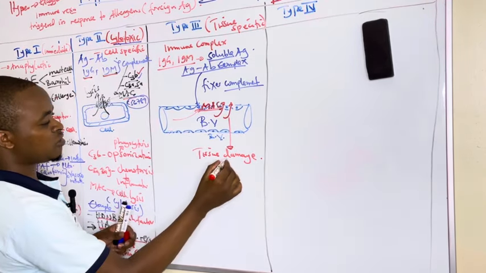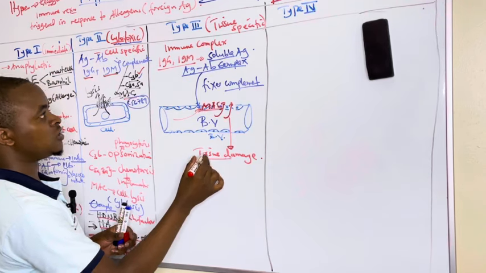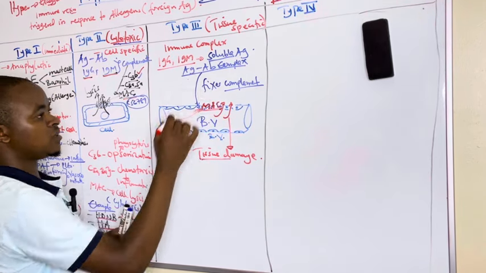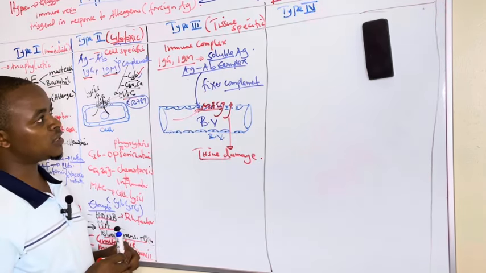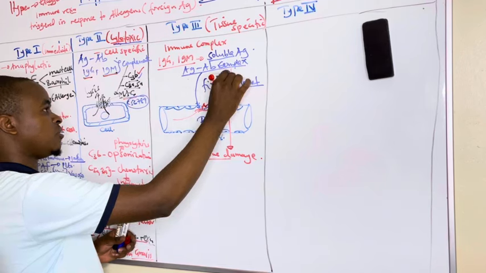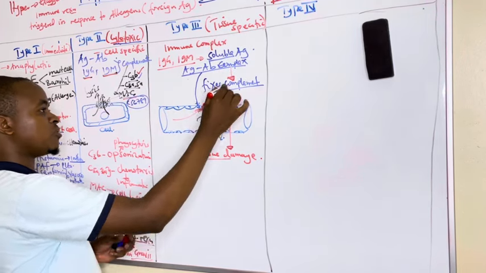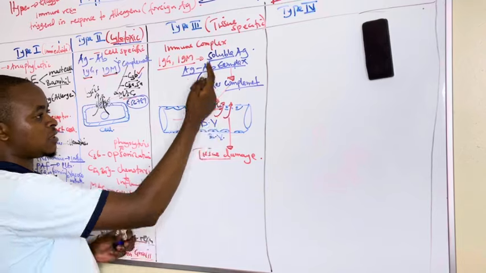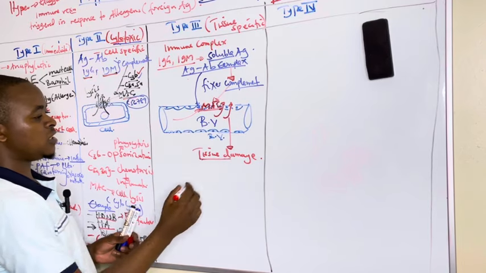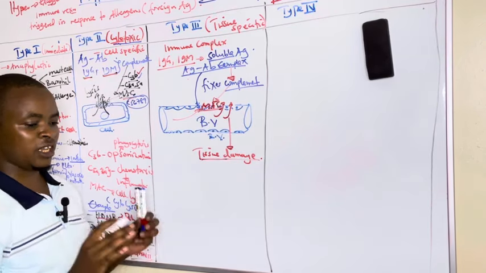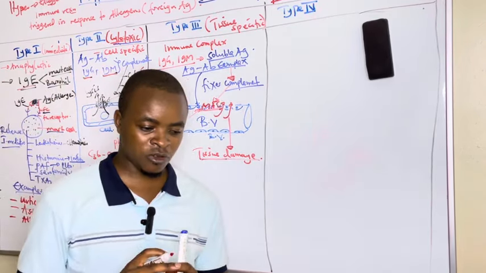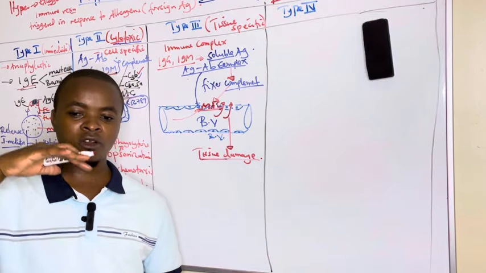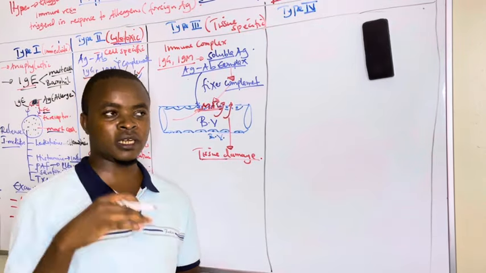So the end result of type 3 reaction is tissue damage by the soluble antigen-antibody complexes, which fix the complement system, leading to production of membrane attack complex, which causes perforation of the vessels. And if they are localized at the tissue level, the MAC also causes tissue damage.